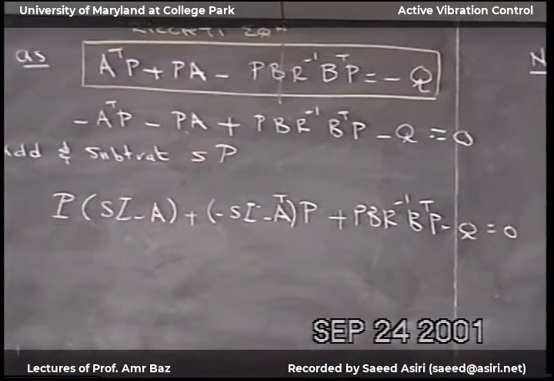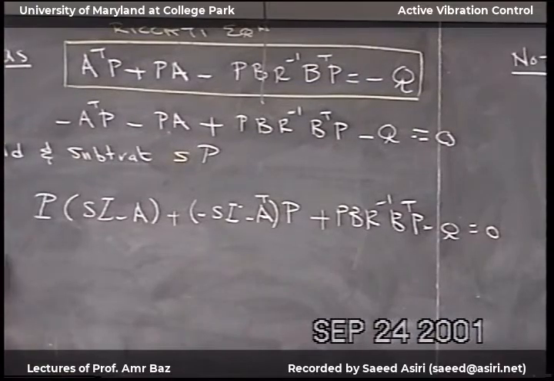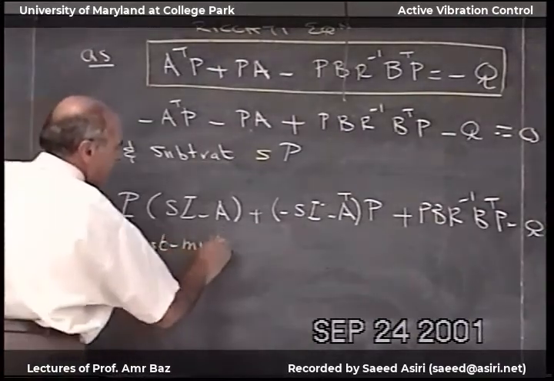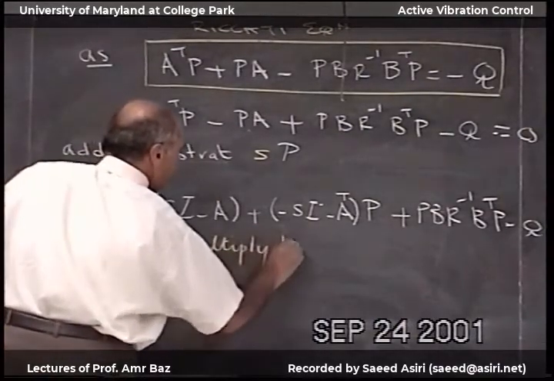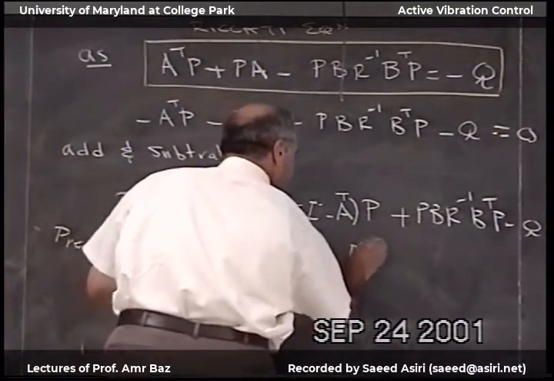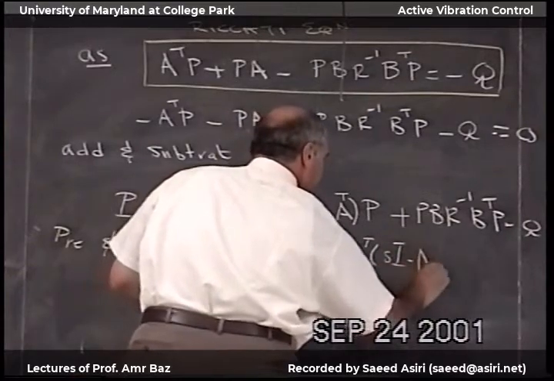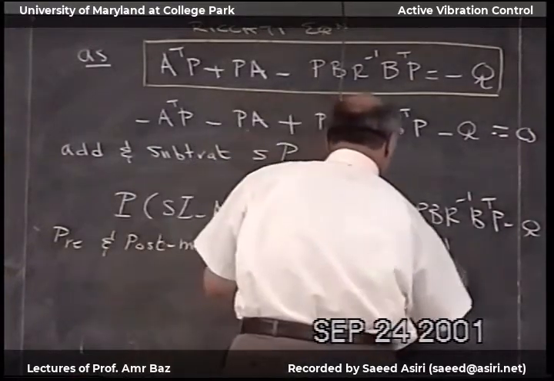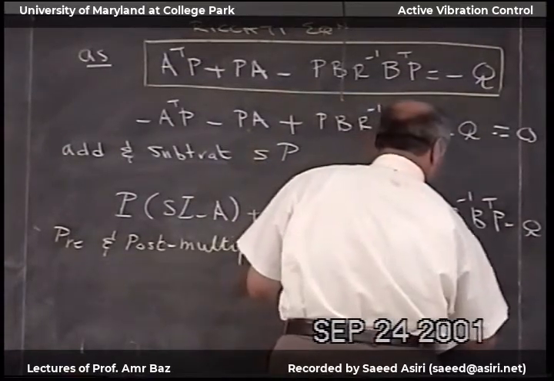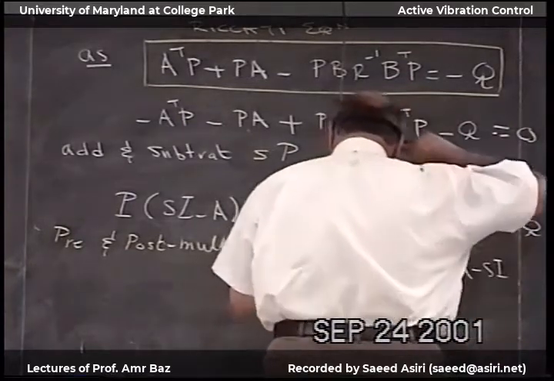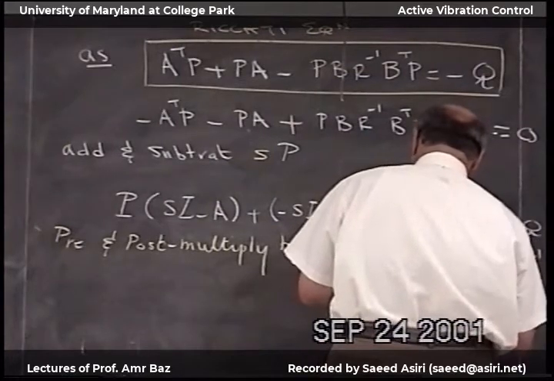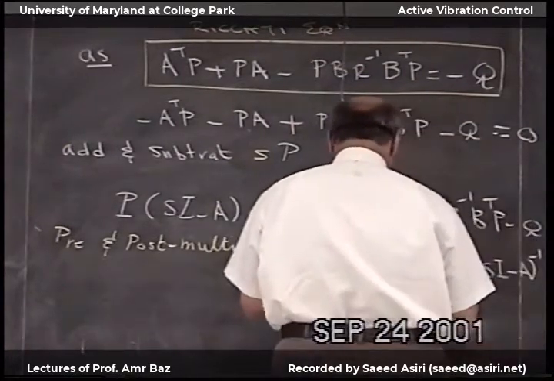Now I'll pre-multiply and post-multiply by these two matrices: B transpose (minus sI minus A) transpose inverse, and (sI minus A) inverse B.